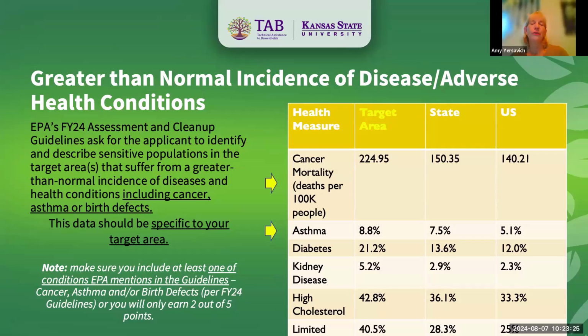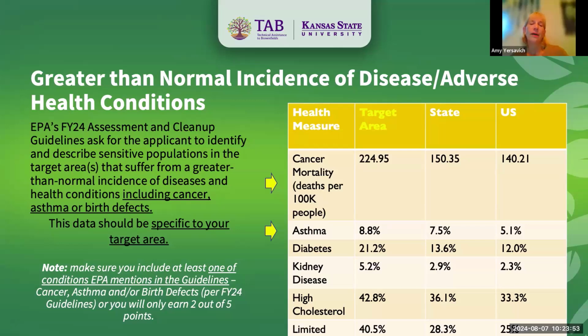This is huge because that's a 3-point difference, and that can make the difference between getting a grant or not getting a grant just in this area. So make sure that you're covering at least one of those. If you can cover all 3, all the better. And again, using a table to show the differences between your state and your US values is helpful.